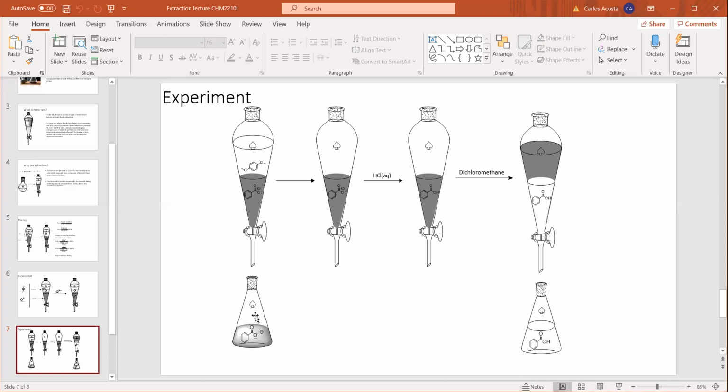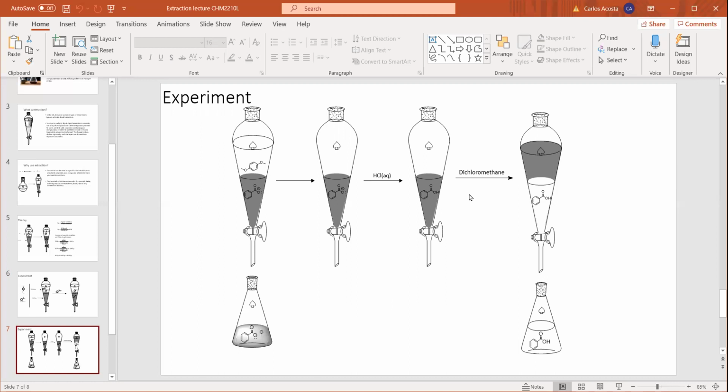The hydrochloric acid is going to reprotonate the benzoate back to benzoic acid. And at this point, you'll see that the water will start becoming cloudy. And this is because benzoic acid actually isn't very soluble in water at all. So it's going to start to precipitate out.